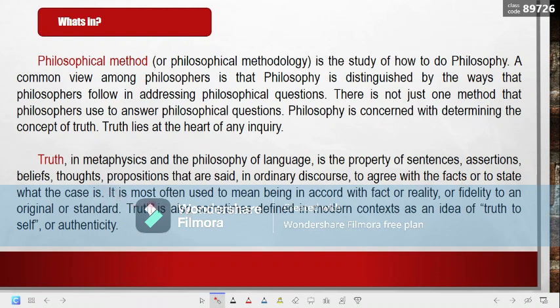It is most often used to mean being in accord with a fact or reality, or fidelity to an original or standard. Truth is also sometimes defined in modern contexts as an idea of truth to self or authenticity.